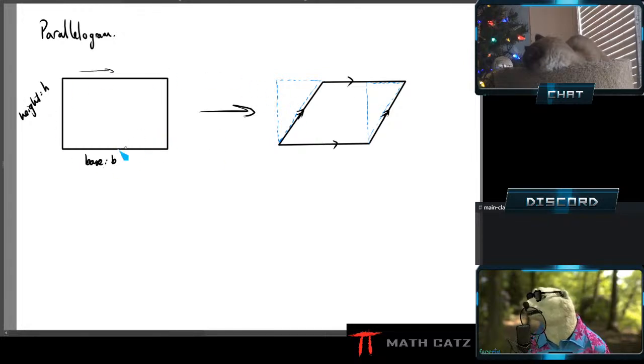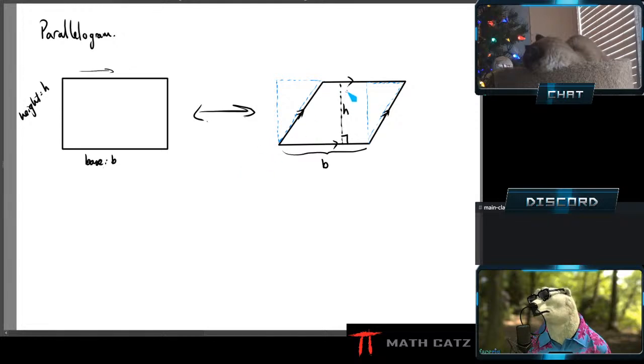Then those lengths are still in the parallelogram. This bottom edge has length B. And I don't necessarily see the side length of any of this parallelogram as having H length. But if I draw a perpendicular line between the base and its corresponding parallel side, that will have length H, because of the deformation or the correspondence to this rectangle.